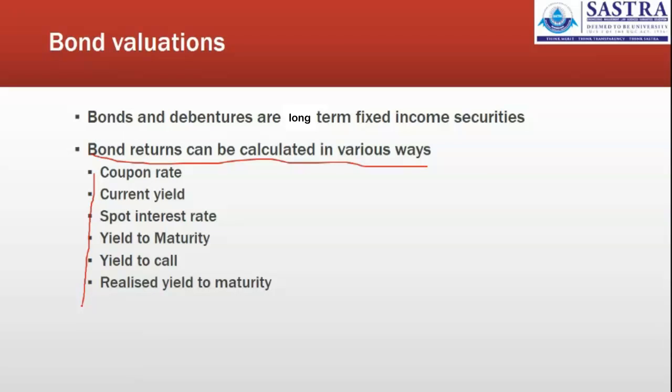So in the bond valuation methods, we can take the coupon rate and the current yield. One thing that you need to understand about bond valuation: prior to the equity valuation or preference capital valuation, you can take whatever the current return received.